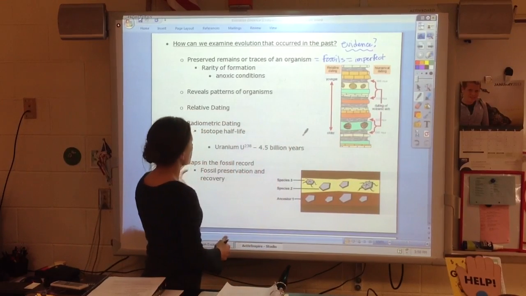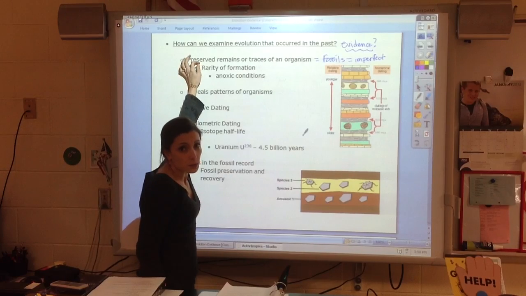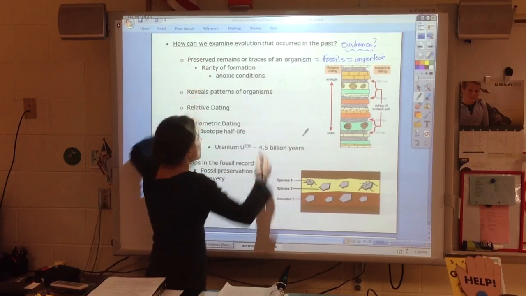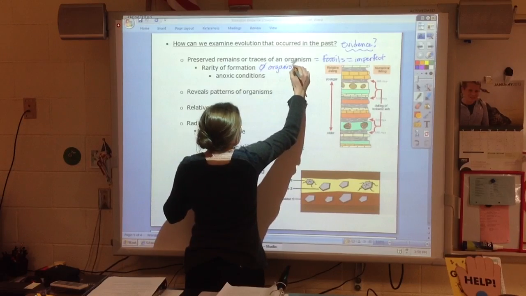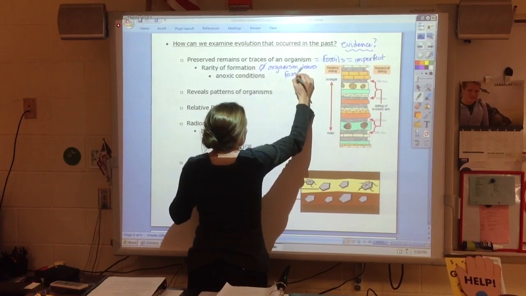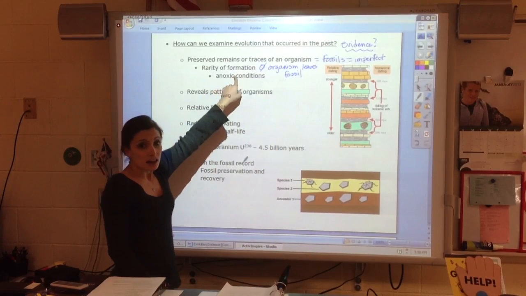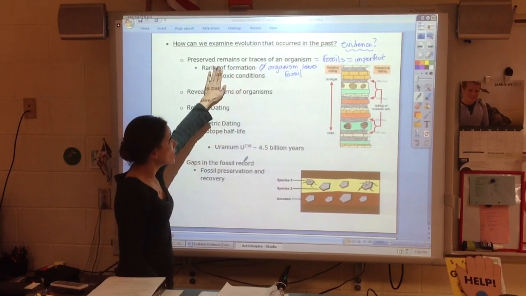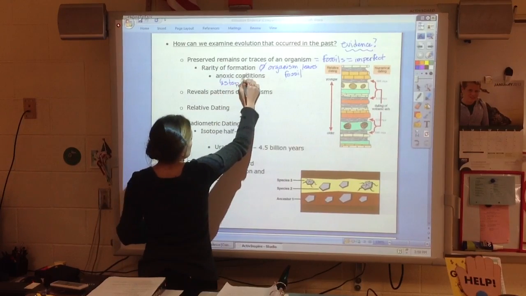They are imperfect for a couple of reasons. One, there's a pretty large rarity of formation, meaning not every organism leaves a fossil. You actually need anoxic conditions, meaning no oxygen, and this will stop decomposition.